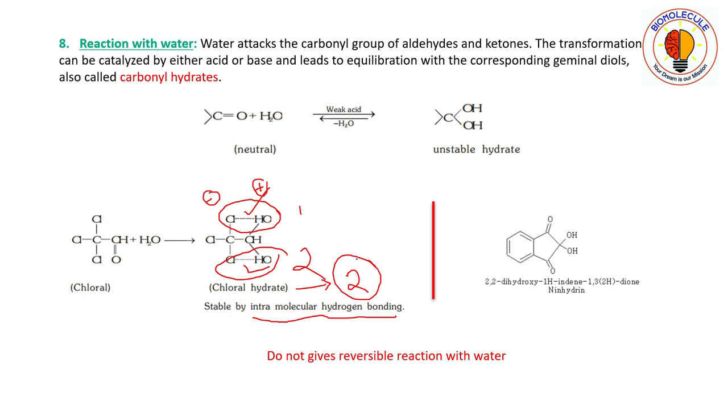Sometimes it may be asked how many hydrogen bonds chloral hydrate has. Another question is they will give a bunch of aldehydes among which you have to check which molecule reacts with water.